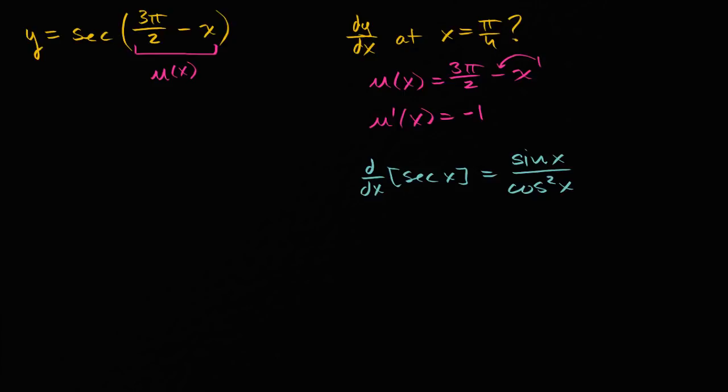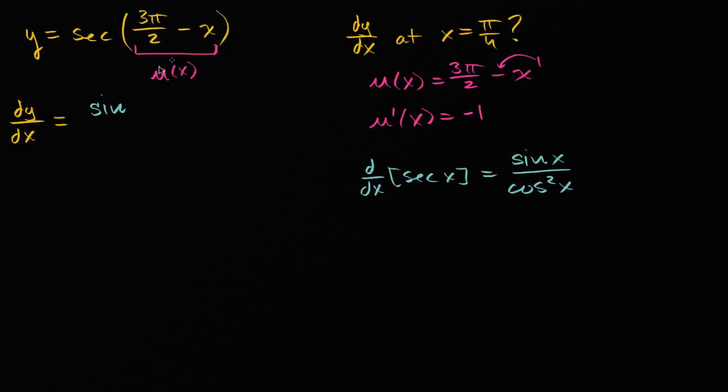So if we're trying to find the derivative of y with respect to x, it's going to be the derivative of secant with respect to u of x times the derivative of u with respect to x. So let's do that. For the derivative of secant with respect to u of x, instead of seeing an x everywhere, you're going to see a u of x everywhere. So this is going to be sine of u of x, and I don't have to write u of x.